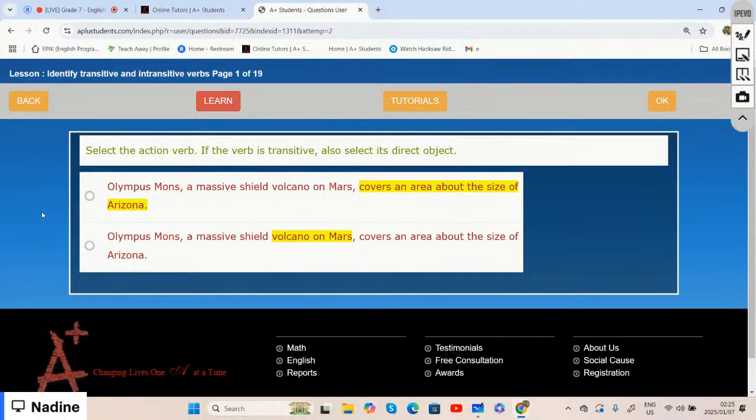We need to select the action verb if the verb is transitive, and also select the direct object. So is it option one, covers an area about the size of Arizona, or option two, volcano on Mars? Which one is correct?